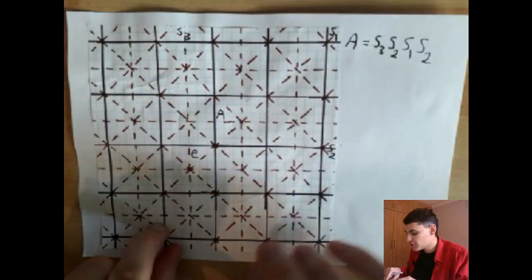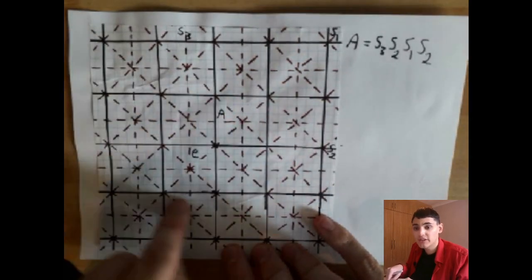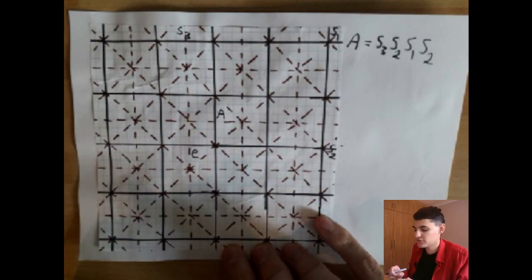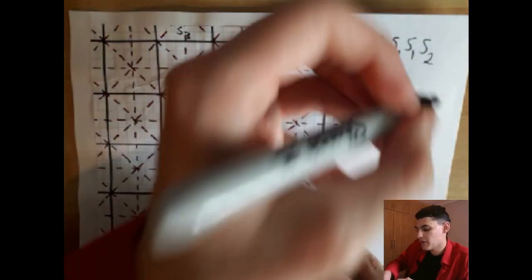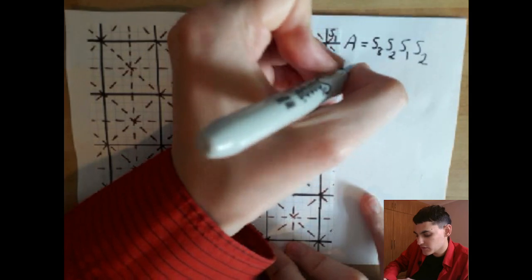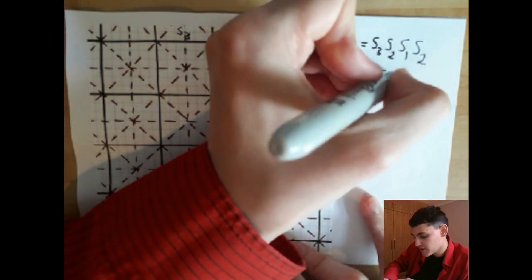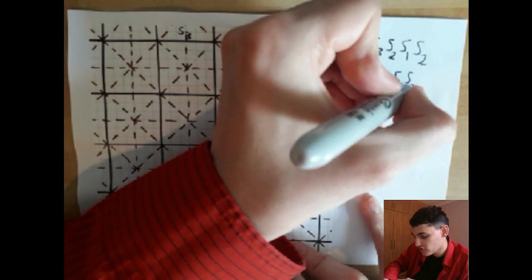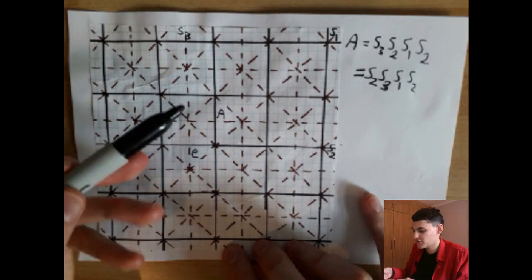You could go around and label each of the walls of all of the chambers on this plane with S1, S2, or S3. You'll notice as well that another word that we can give for A is S2, S3, S1, S2, and that's because S2 and S3 commute.